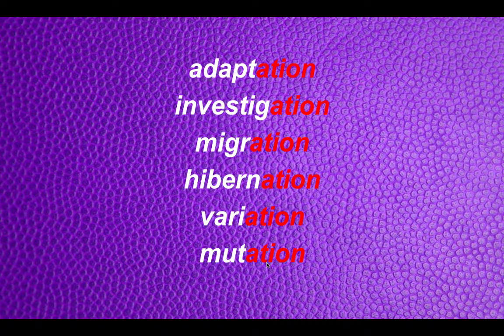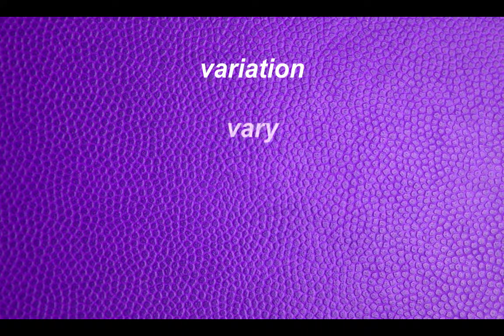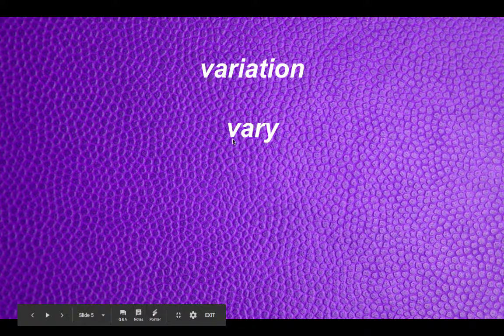And I just wanted to focus in on one of these words to look at something interesting in particular. I wanted to have a look at the word variation. Now the word variation comes from this root word vary, which means to change. You can see the word vary is spelled with graphemes V-A-R-Y.